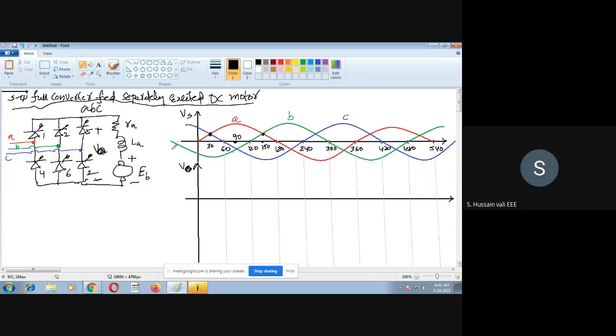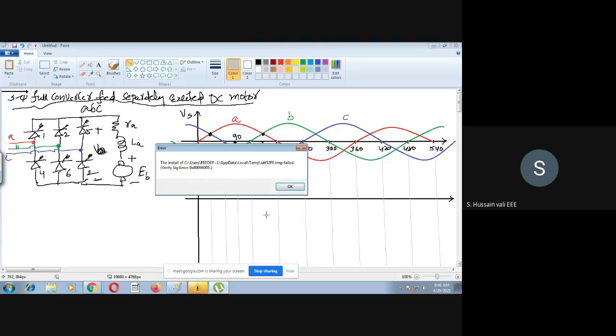I will just explain briefly so that we do not deviate much from our actual subject. So 30, 90, and this is 150.